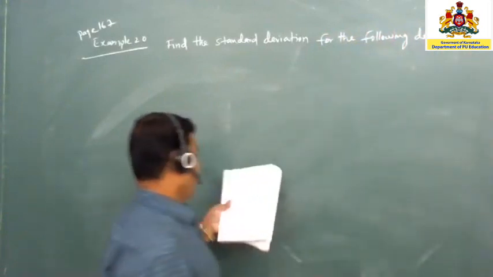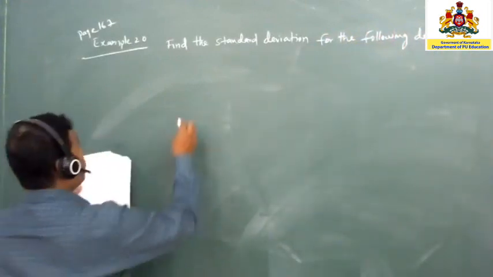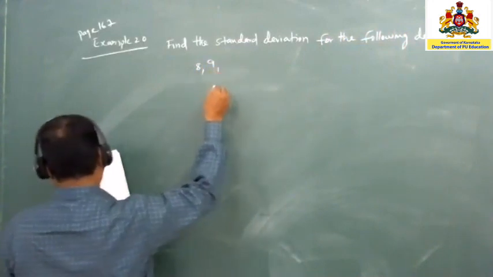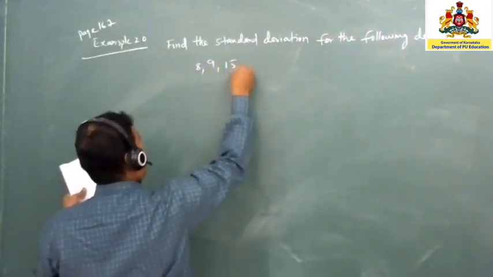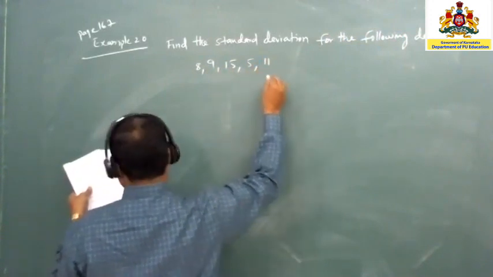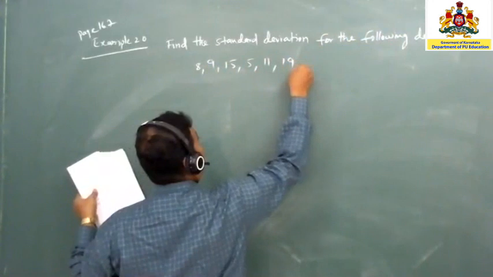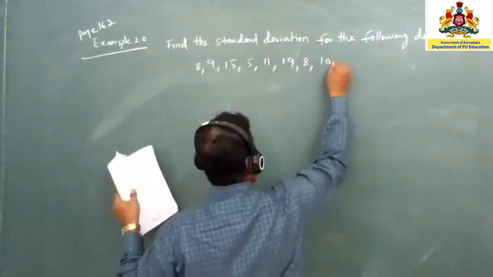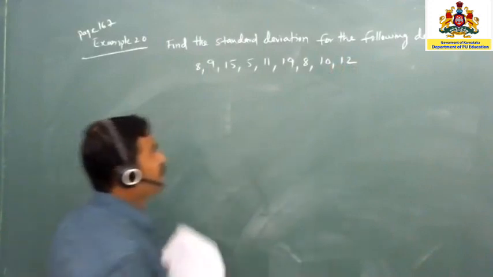The following data is given as 8, 9, 15, 5, 11, 19, 8, 10, 12.